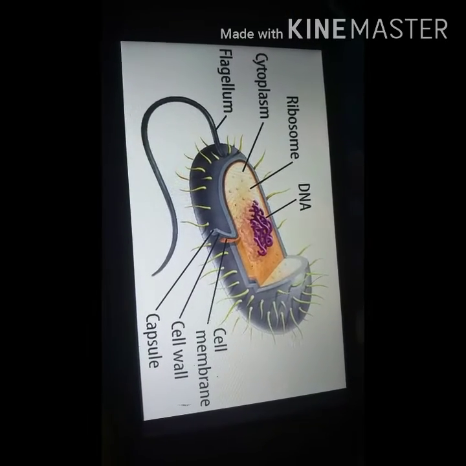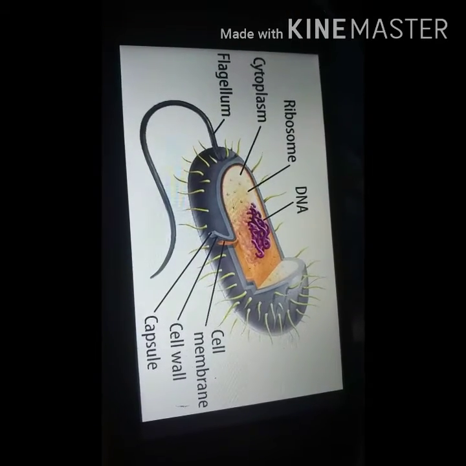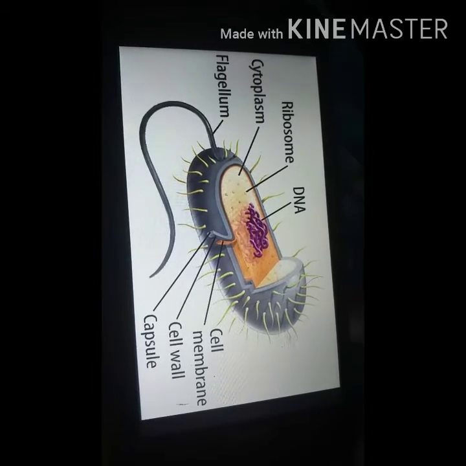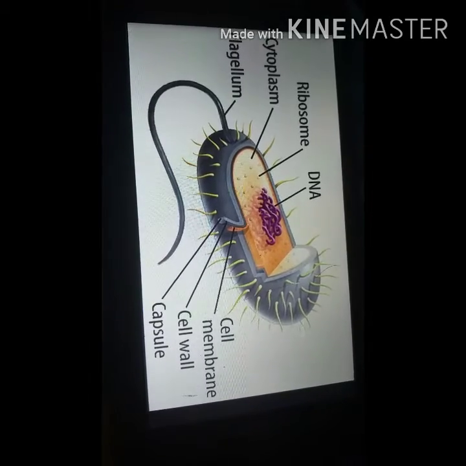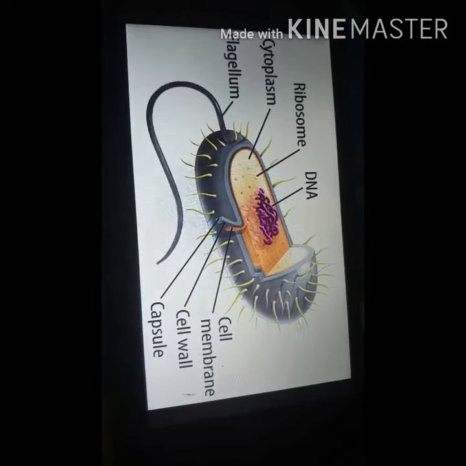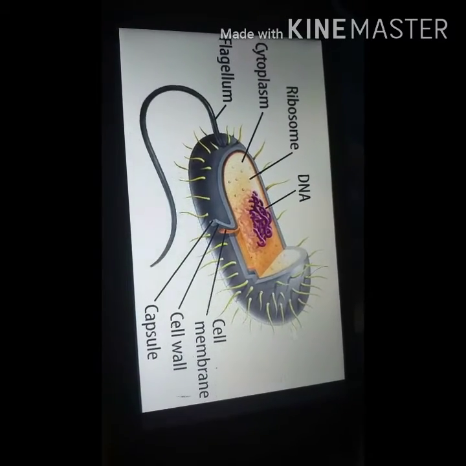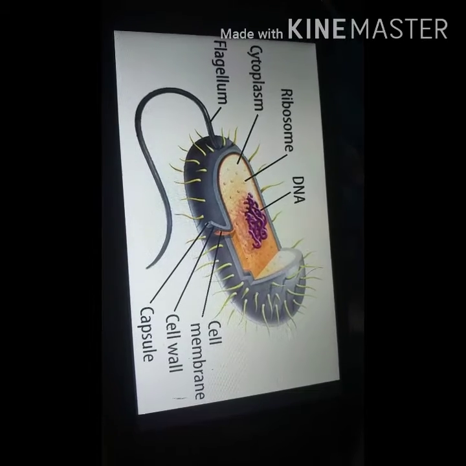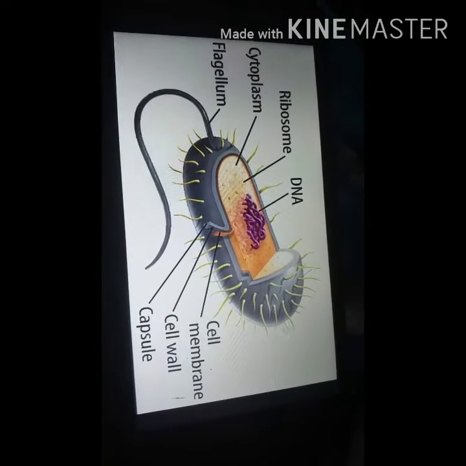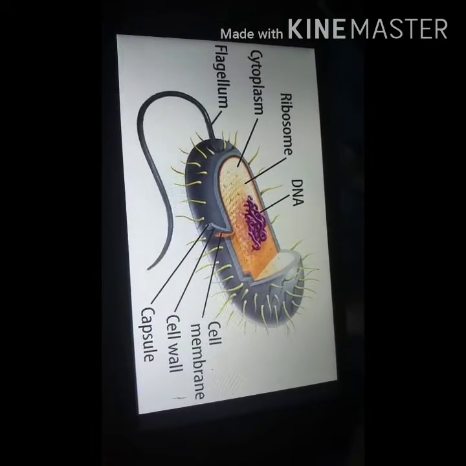The cell wall is an outer covering that protects the bacterial cell and gives it shape. Then the cell membrane, or plasma membrane. It surrounds the cell cytoplasm and regulates the flow of substances in and out of the cell.